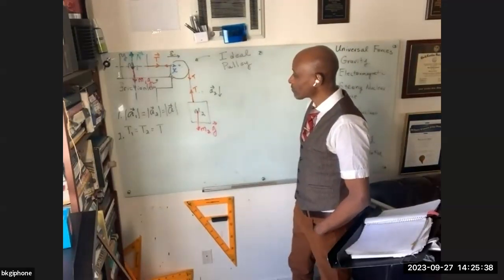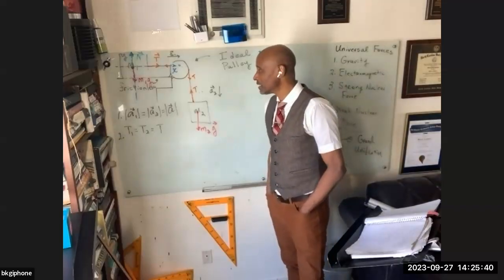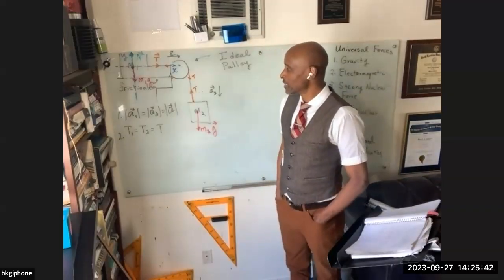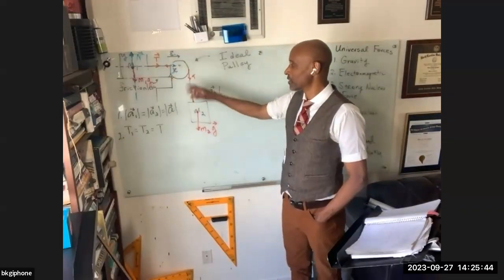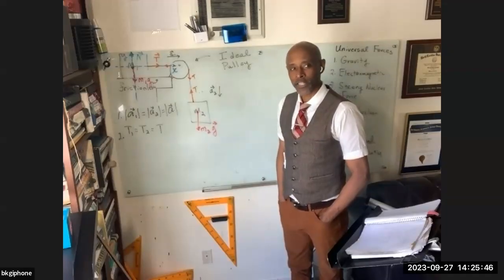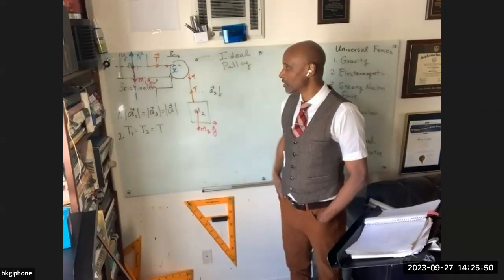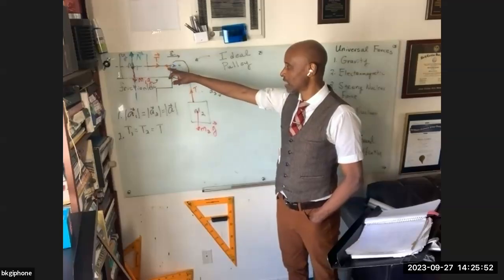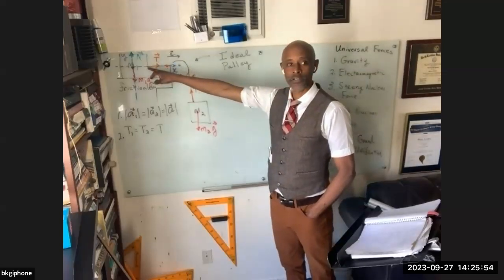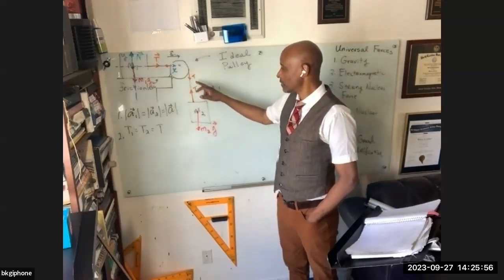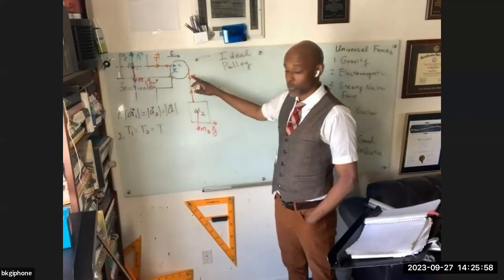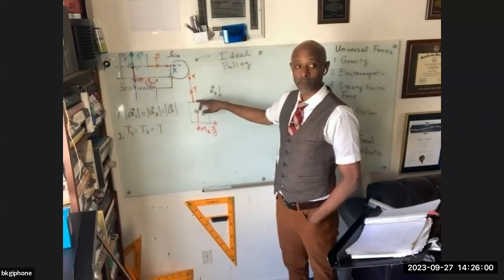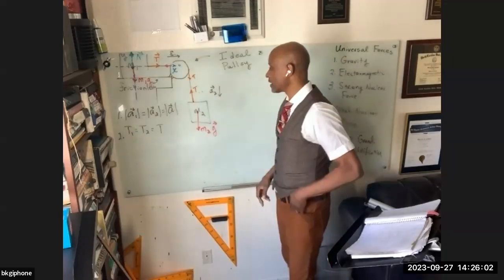So again, you mean at the ends of the string here? No, I wouldn't say that they're pair forces. I would say that the pair force of this guy is this one over here, and the pair force of this guy on the opposite end of the string is this guy right here. Because think about it.